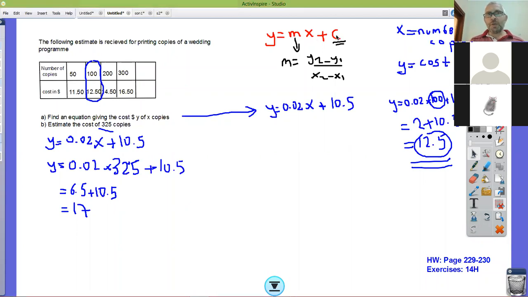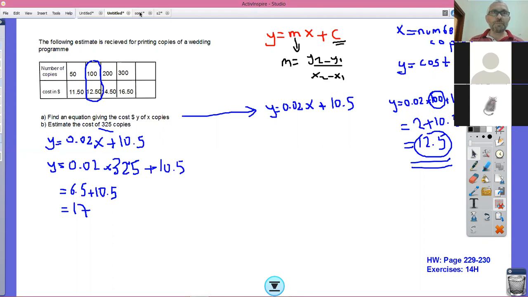How are we going to find it? What I don't know is c and m. I need to find m and c. C is the constant number here, and m is the gradient. We evaluated it in this form: y2 minus y1 over x2 minus x1.